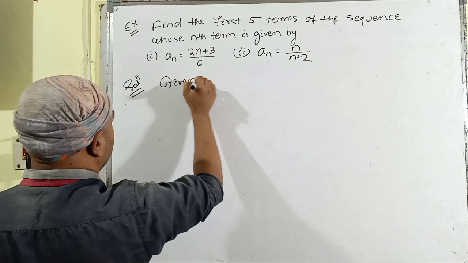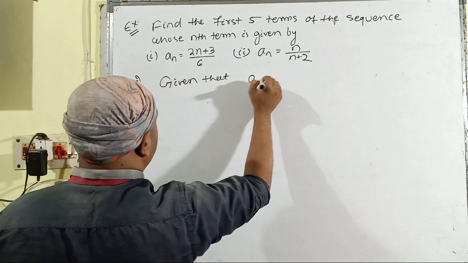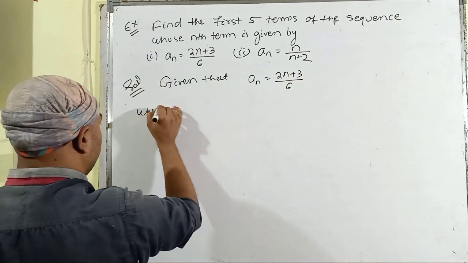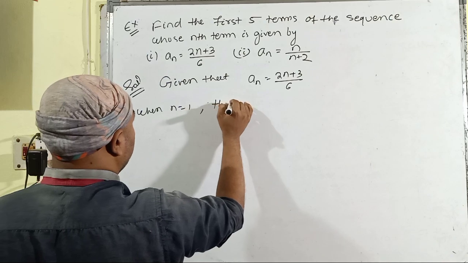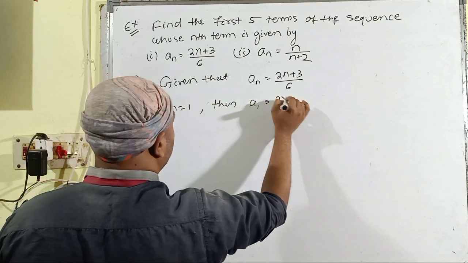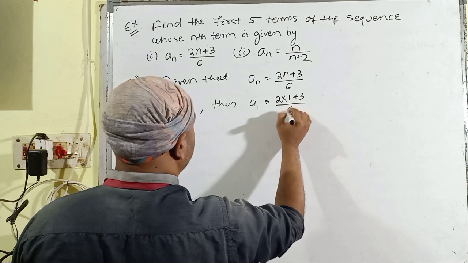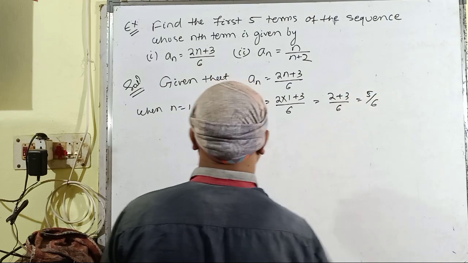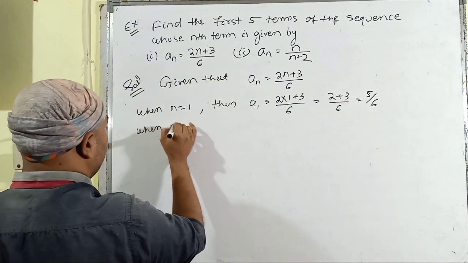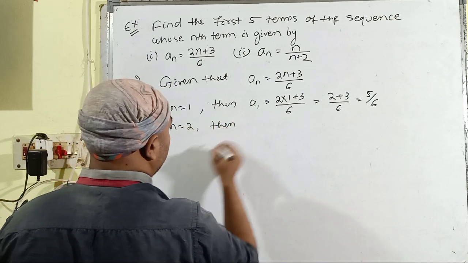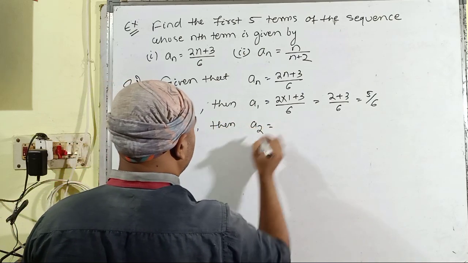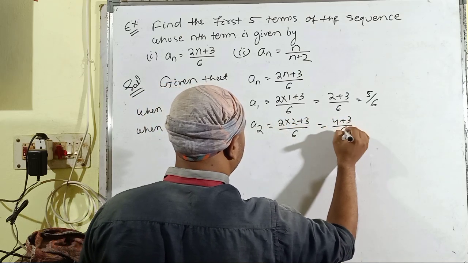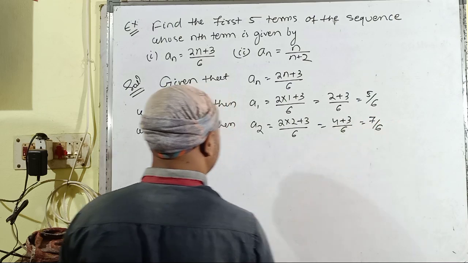Given that An is equal to (2n plus 3) divided by 6. When n is equal to 1, then A1 is equal to (2 into 1 plus 3) divided by 6. That means 2 plus 3 divided by 6, and it is 5 by 6. When n is equal to 2, then A2 is equal to (2 into 2 plus 3) divided by 6, that means 4 plus 3 divided by 6, and it is 7 by 6.